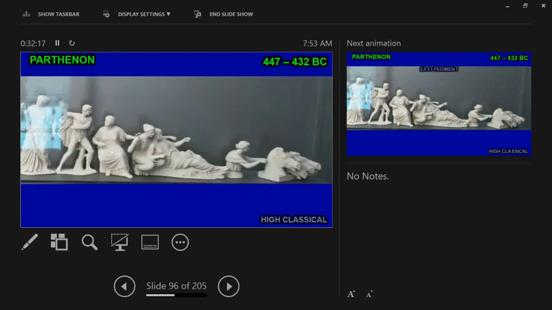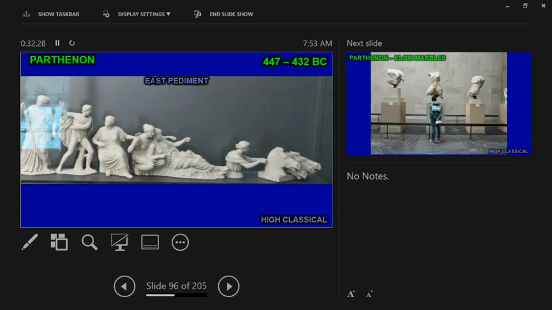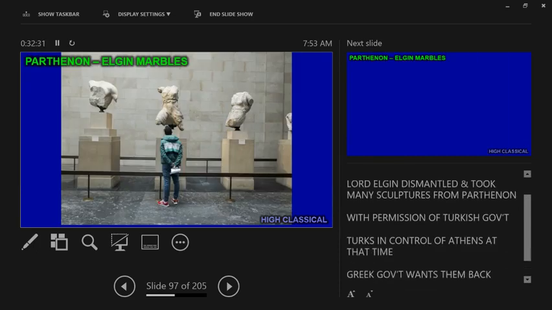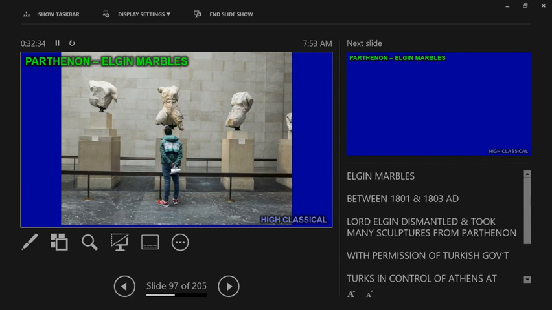And then over on the right side is Apollo still riding the sun chariot, going down over the horizon after a long day of riding the sun chariot. These sculptures are inside of the British Museum, and they are called the Elgin marbles.